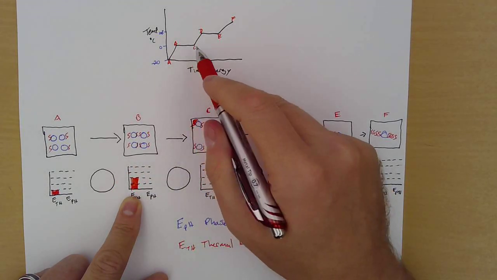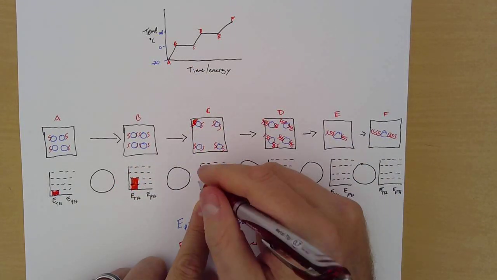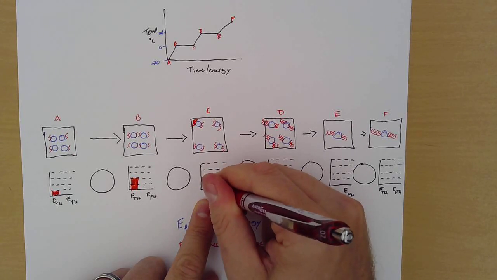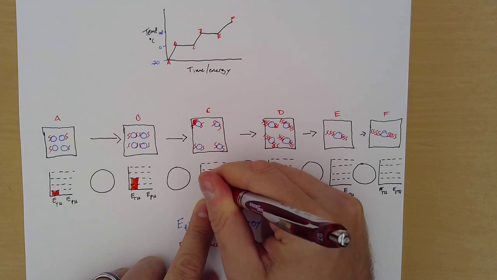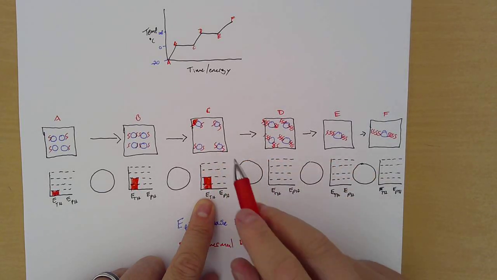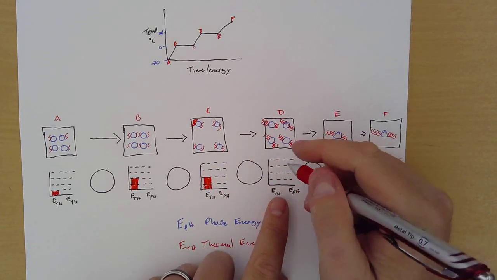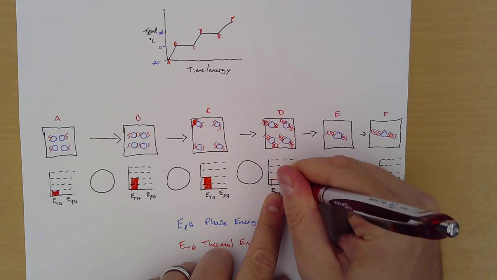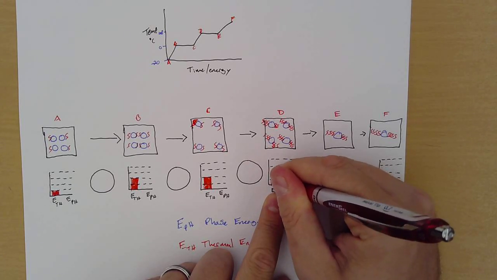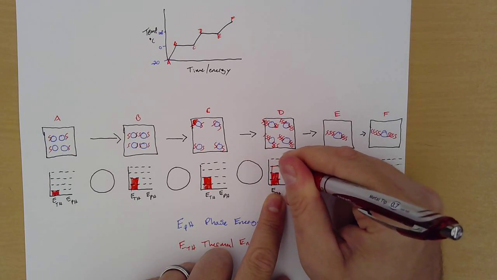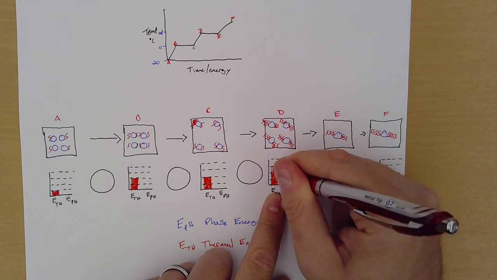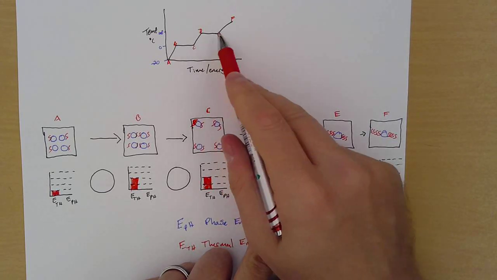Now when I go from B to C, I don't increase temperature, so I don't add any more bars. I'm not raising the temperature. But when I go from C to D, I do again, right? I'm on an incline, so I'm increasing that temperature. From D to E is a plateau.